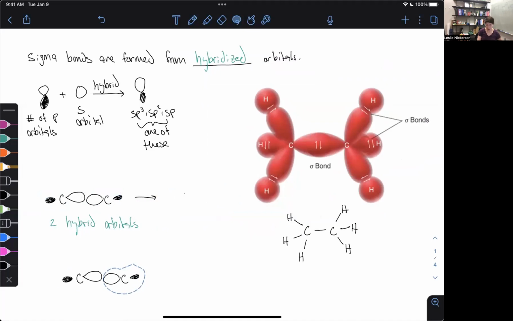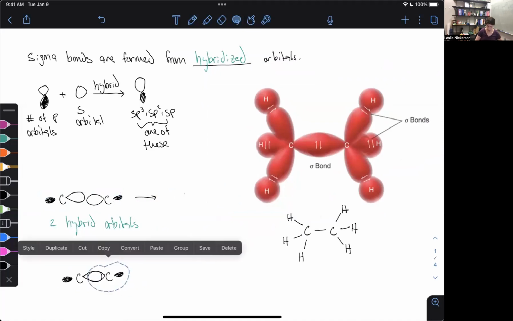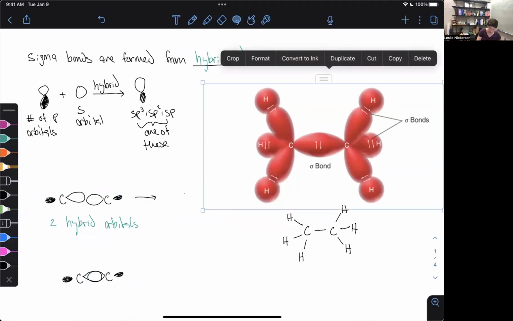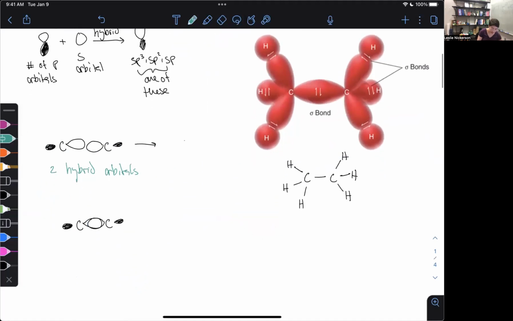Okay, so we can essentially animate what's happening here as these two overlap. Then we are forming a bond in between. So this is now a new sigma bond, and we're looking at that electron density sitting between the two atoms.